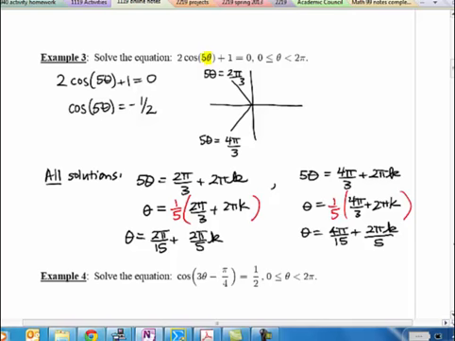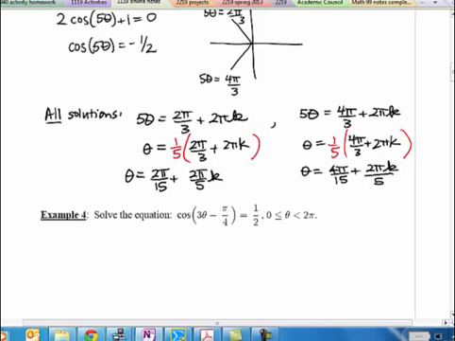And I suppose to make that easy, we could get a common denominator. So we'd have theta is 2 pi over 15 plus 6 pi over 15 times any integer, and here we'd have 4 pi over 15 plus any integer multiple of 6 pi over 15.